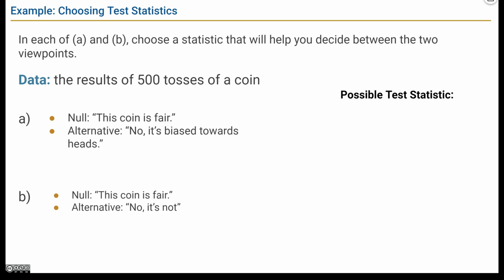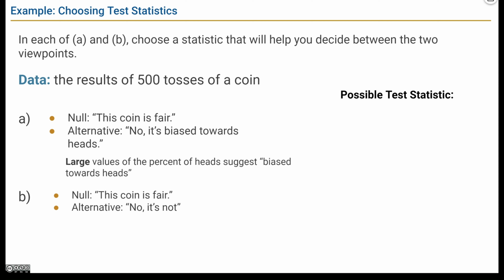Okay, in either scenario, I can count, say, the number of heads. I could have also counted the number of tails, doesn't matter. But I'm just going to say, let's count the number of heads that we get out of 500 as a starting point. And in that case, for A, large values of the number of heads or the percent of heads will suggest bias towards heads, right? It would be in favor of the alternative.